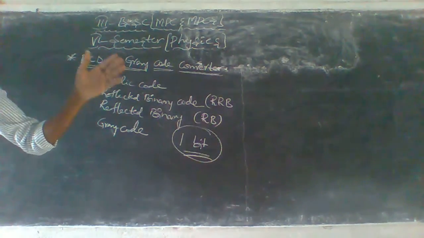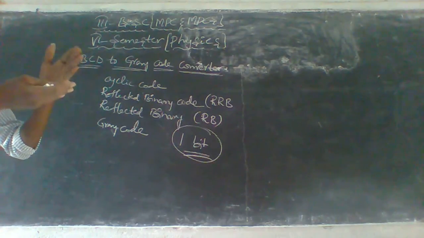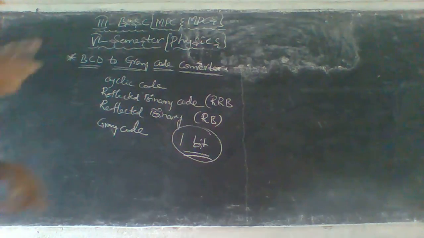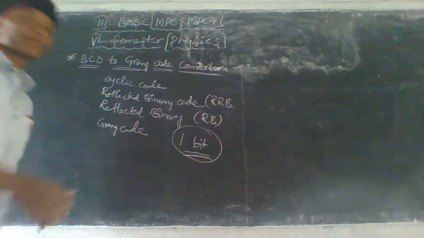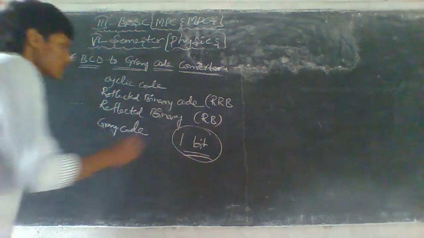The Gray code is the most popular of the unit distance codes, but it is not suitable for arithmetic operations.